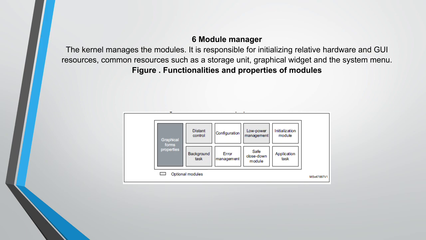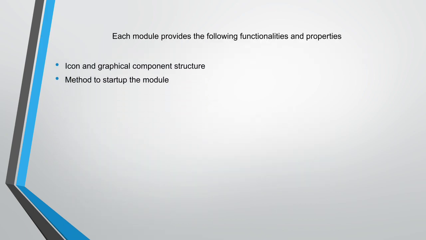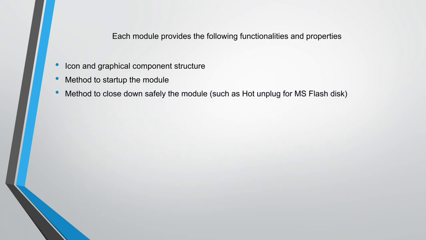So we have configuration, error management, safe close down module, initialization module, application task. So each module provides the following functionalities and properties. One is the icon and graphical component structure, a method to start the module, a method to close down safely the module such as hot unplug for MSC flash disk.